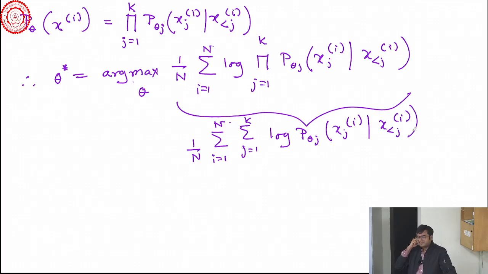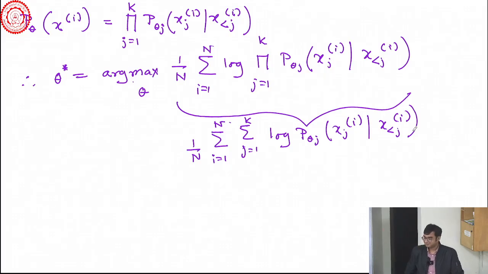This is my final loss function, not loss function, negative loss function that I am going to maximize. If I add a negative sign outside, then I am going to minimize it. So this is what I will do.